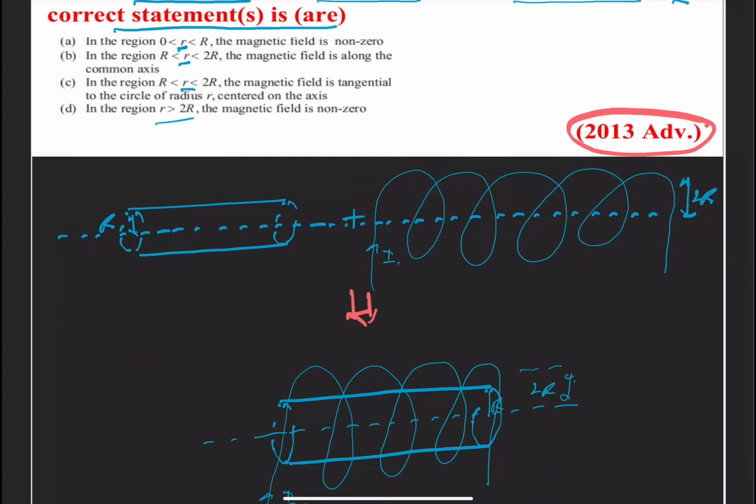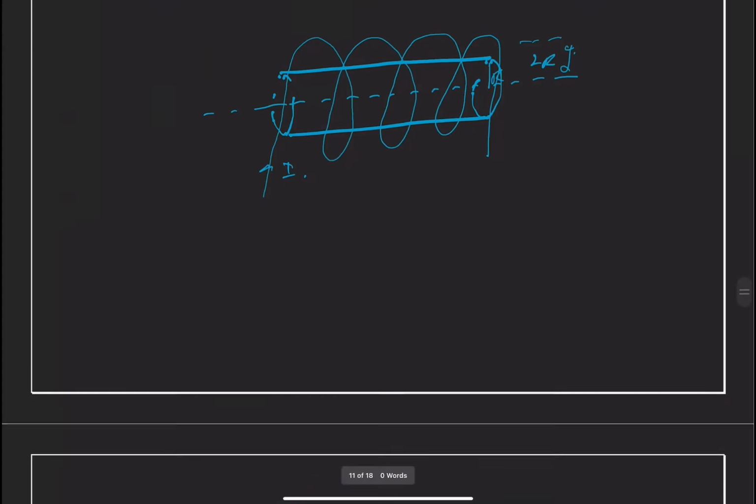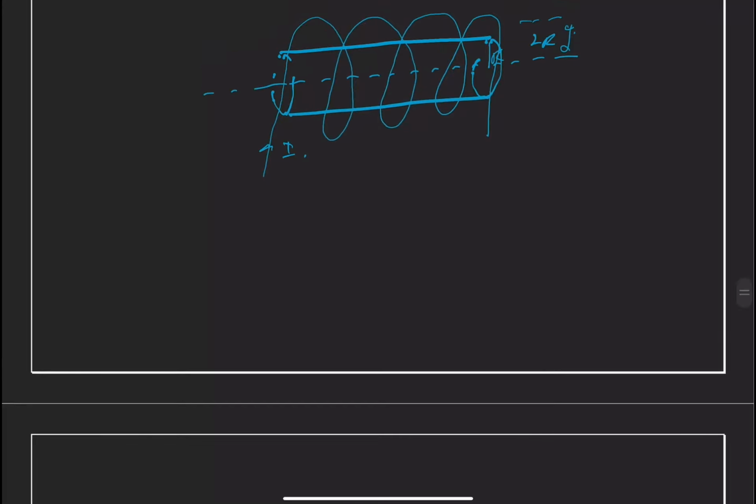So both are carrying the same current, that is our I. And the current will be only on the surface of this hollow cylinder.